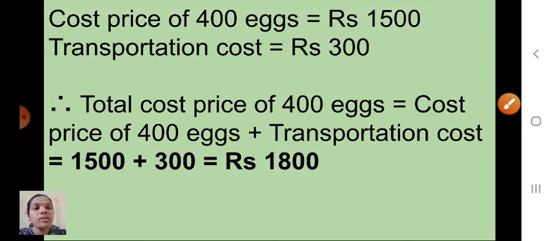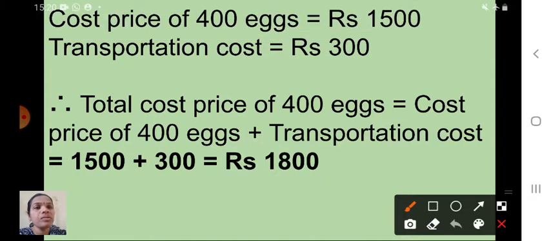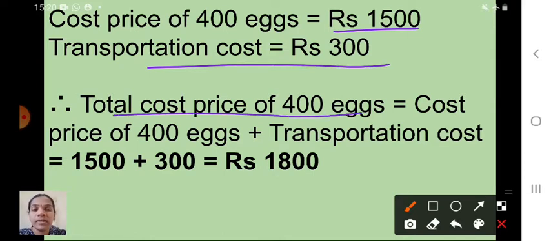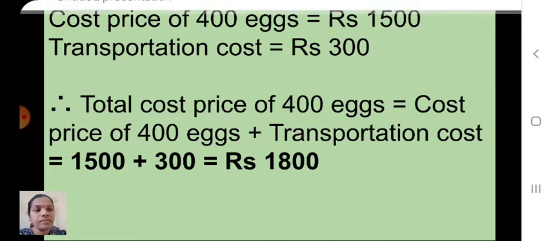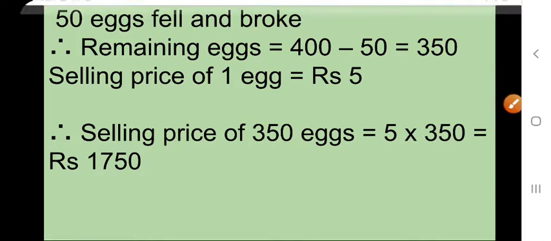See here, next slide I have given the solution. Cost price of 400 eggs is rupees 1500. Transportation cost rupees 300. So total cost price of 400 eggs is 1500 plus 300 is equal to rupees 1800. Next, 50 eggs fell down and broke.